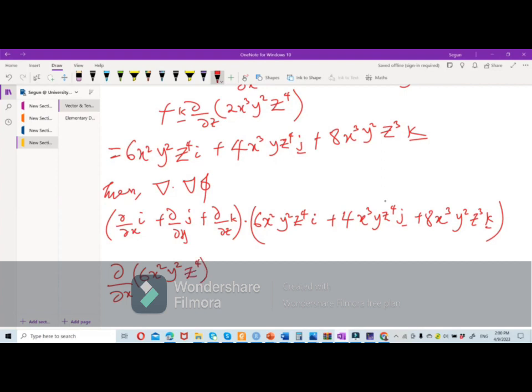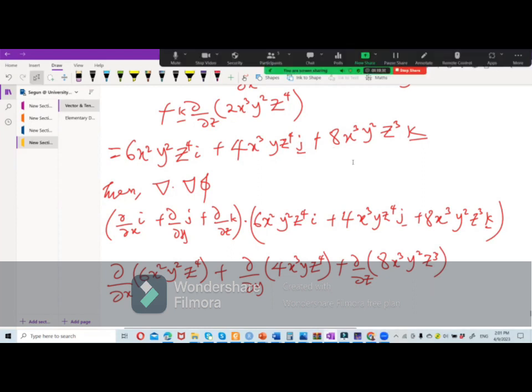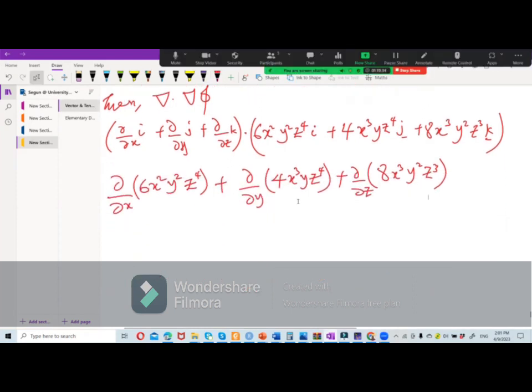There will not be any component again, plus d/dy of 4x cubed y z raised to the power 4, plus d/dz of 8x3 y squared z raised to the power 3. So we can go ahead and differentiate this one. If you differentiate this one, what do you have?